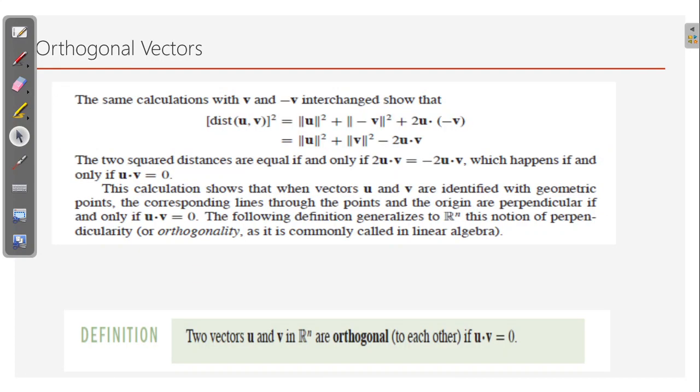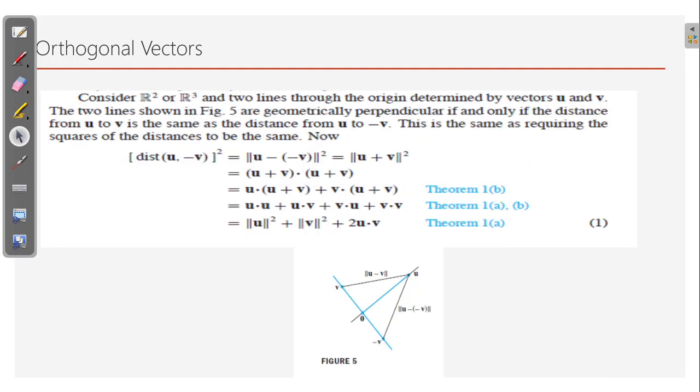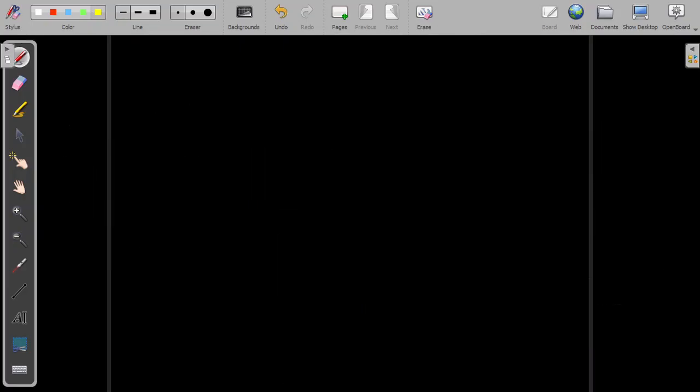Now moving on to orthogonal vectors. What do you mean by orthogonality? You know from your vector calculus, which you have studied in your earlier class, the orthogonality of two vectors.